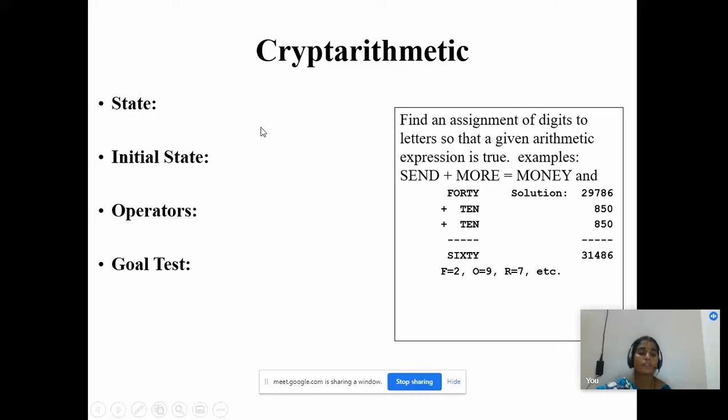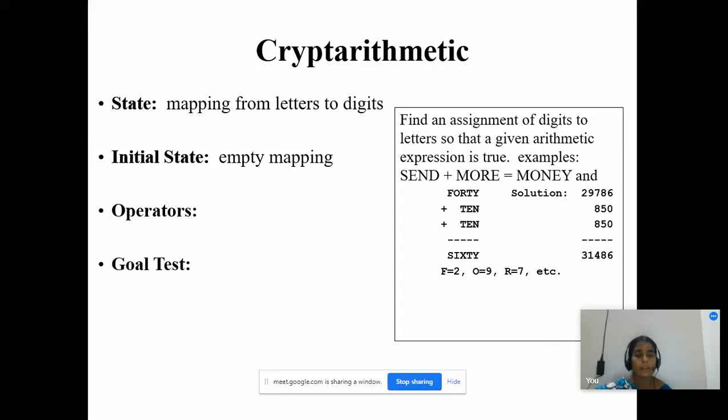Now, what is the state for mapping letters to digits? The initial state is an empty mapping, so initially it does not map any digits to the letters. It is in the representation of letters only, and after that we assign a digit to a letter.